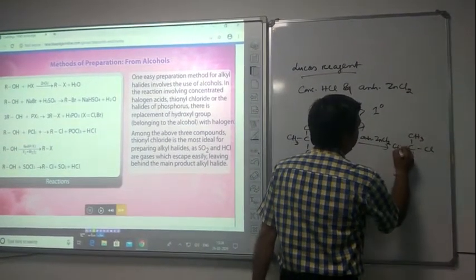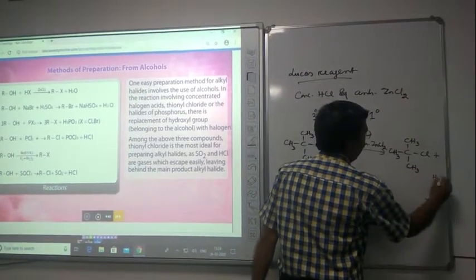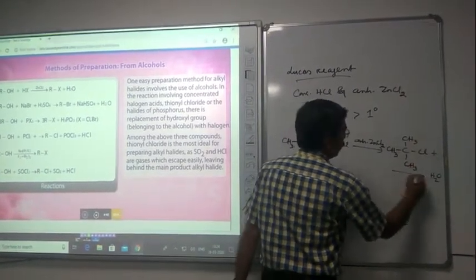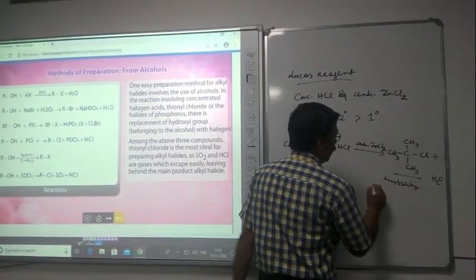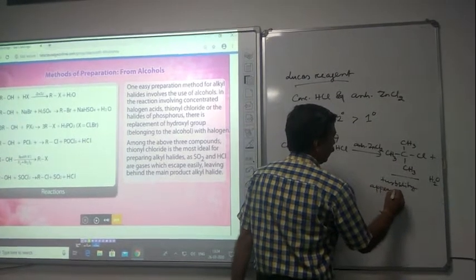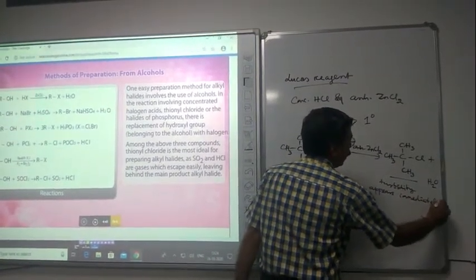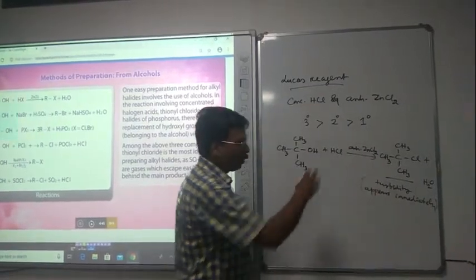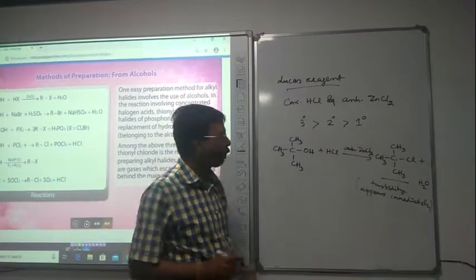So OH is replaced by Cl, plus water, and this will appear in the form of turbidity. Turbidity appears immediately because of this formation of tertiary alkyl halide. Alcohol is converted to alkyl halide.